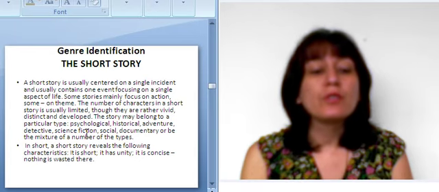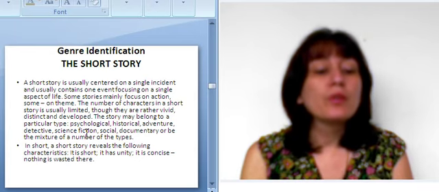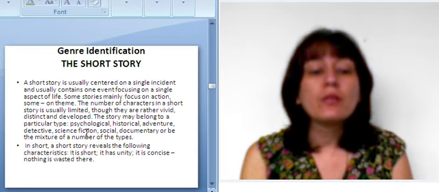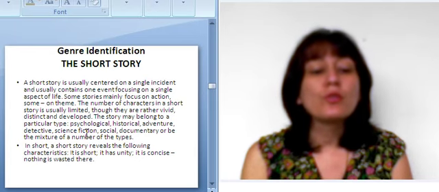The story may belong to a particular type: psychological, historical, adventure, detective, science fiction, social, documentary, or be a mixture of a number of the types. In short, a short story reveals the following characteristics. It is short, it has unity, it is concise, nothing is wasted there.